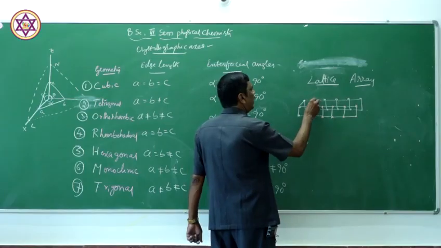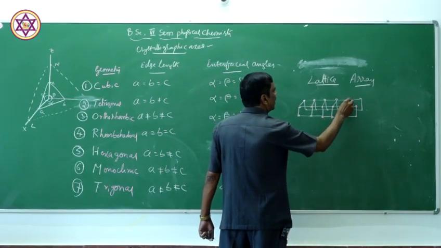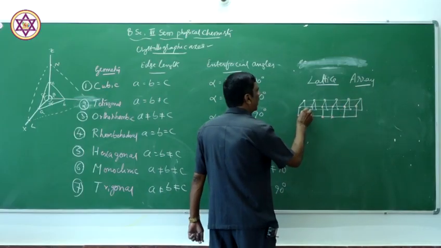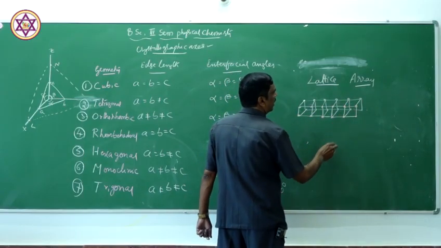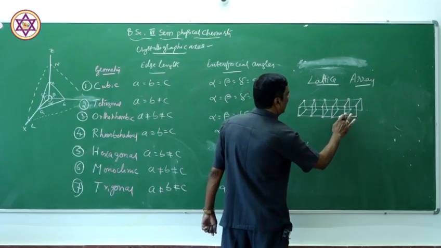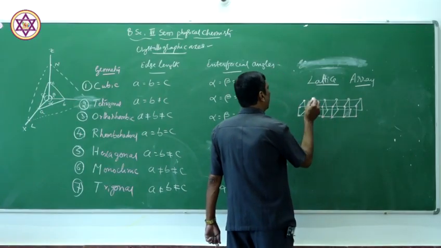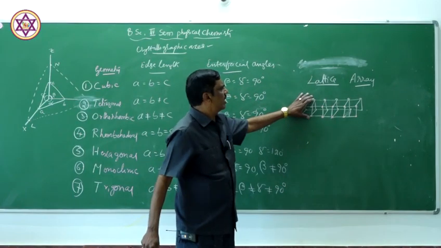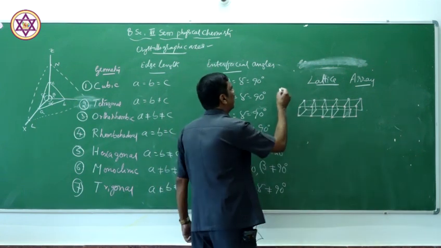Now, if you take a 3-dimensional array, it is arranged like this. This 3-dimensional array is called a Bravais lattice.